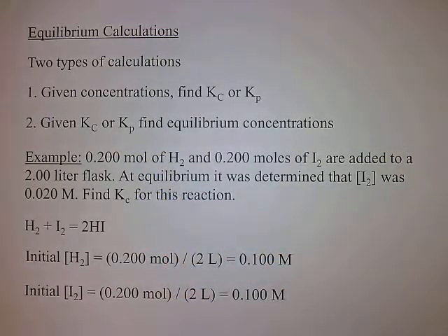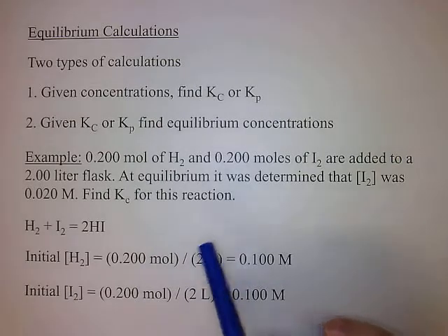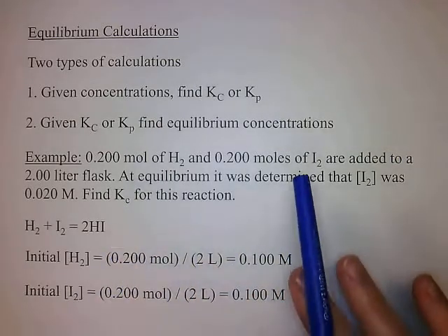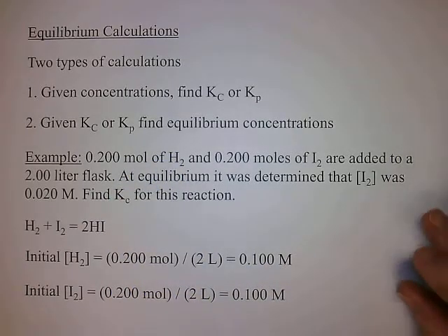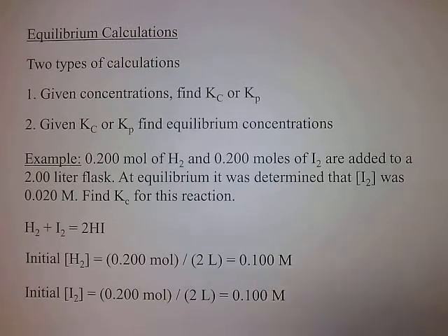Now, when you work a problem like this, you're given two pieces of information. You're given initial concentrations, either the initial concentrations or the initial number of moles. Here they gave you the initial number of moles. But there's one more piece of information that you have to have: the concentration of one of the species at equilibrium. And from that, you calculate the others.